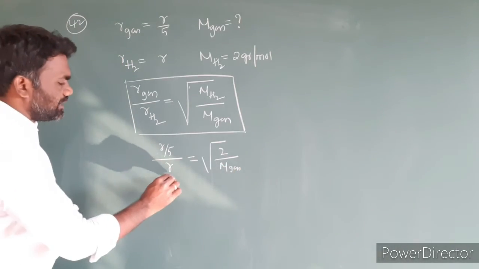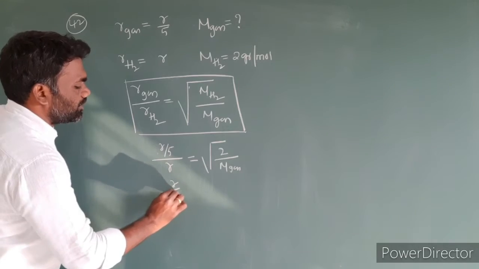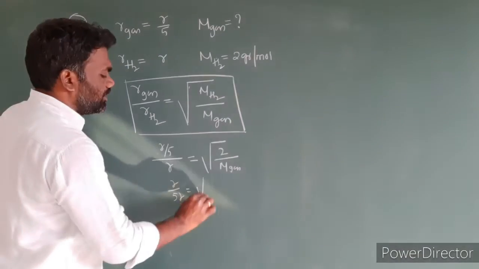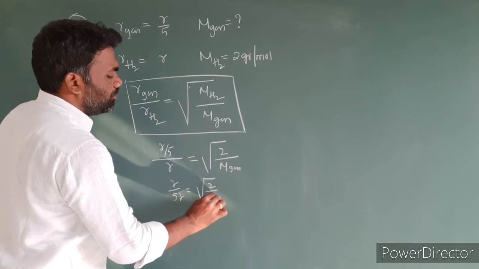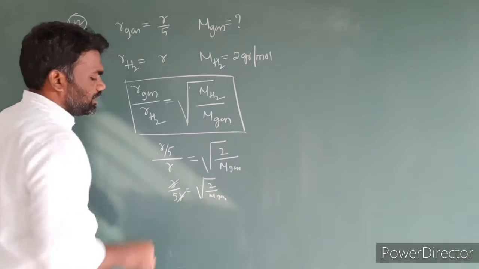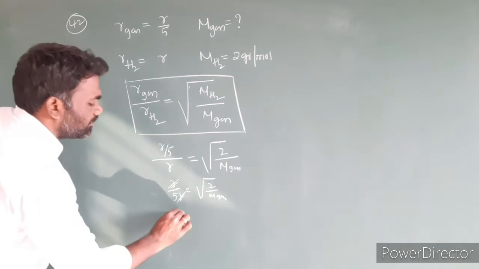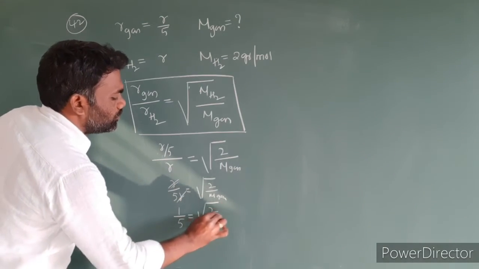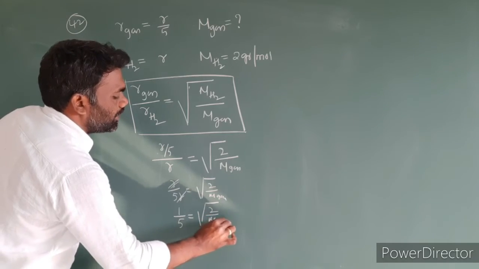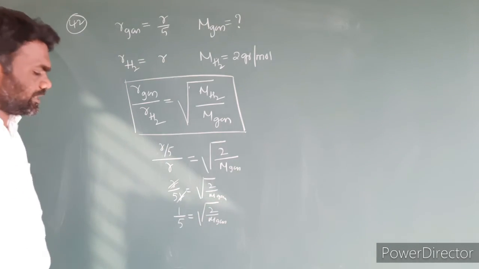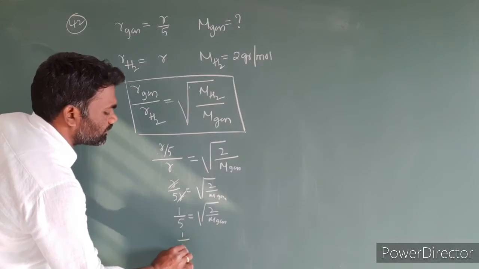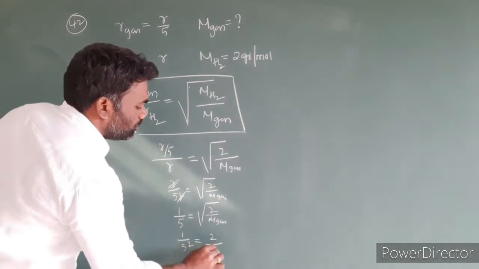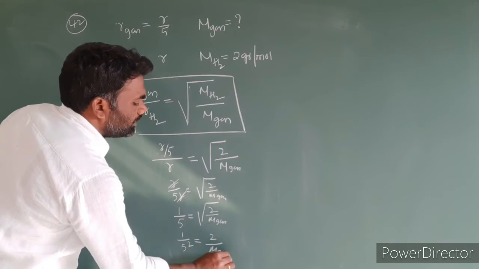From this we get R by 5R, equal to the square root of 2 by molar mass of gas. R cancelled, then 1 by 5 is equal to the square root of 2 by molar mass of unknown gas. Squaring on both sides, we get 1 by 5 square equal to 2 by molar mass of unknown gas.